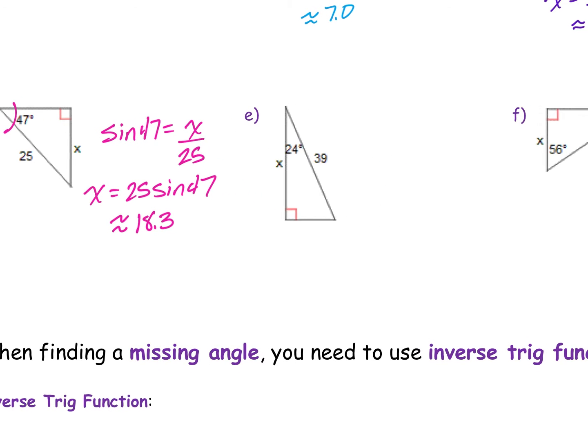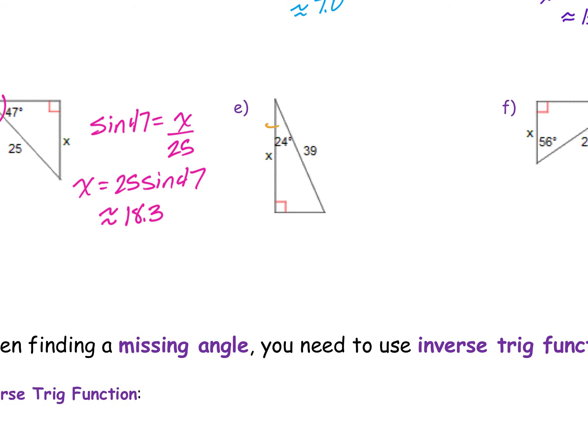And then we've got cosine. So cosine of 24 is going to be equal to x over 39. Cross multiply. X is going to be equal to 39 cosine of 24, which is going to be approximately equal to 32.9.